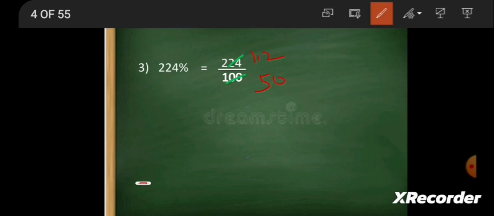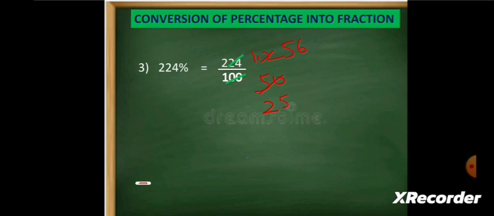Can we divide it further? Yes, again by 2. So this will become 56, and this will become 25. So can we divide this further? No. So our final answer is 56 upon 25.